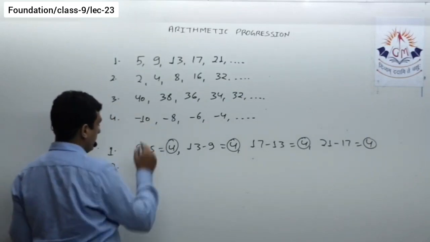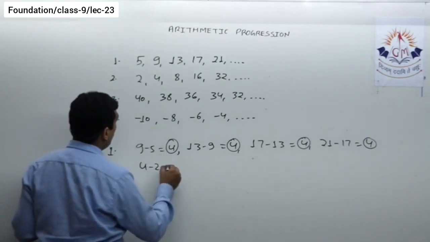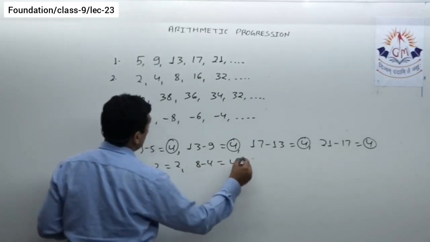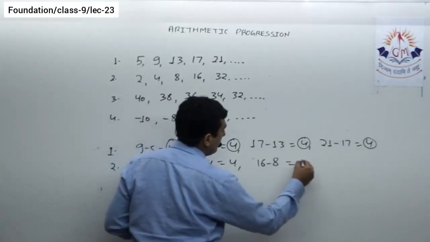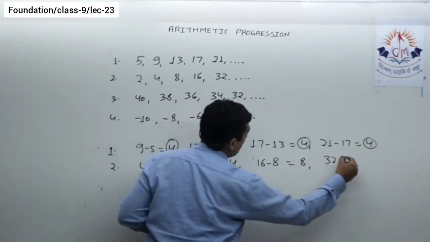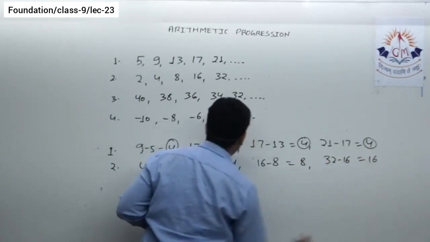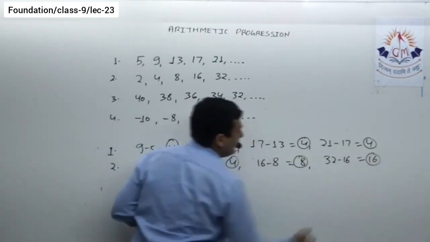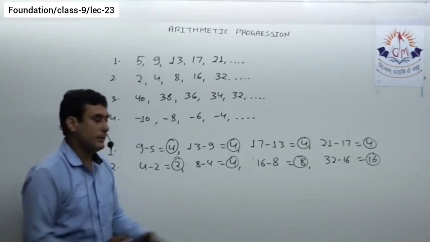Now let us see for the second. 4 minus 2 is 2. 8 minus 4 is 4. 16 minus 8 is 8. 32 minus 16 is 16. So here the difference between any term and the previous term is different in all the cases.